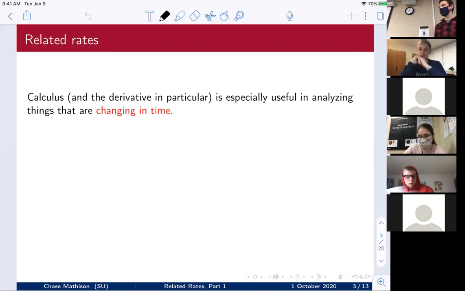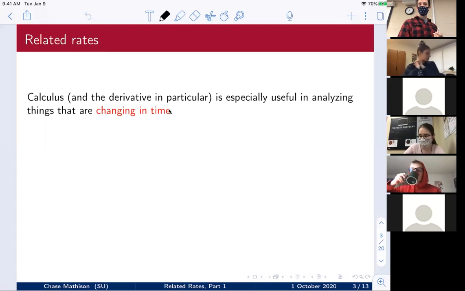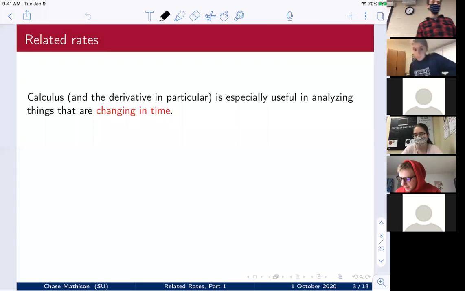The derivative tells you about an instantaneous rate of change, and so it's perfectly suited to study things that are moving around as time goes forward. Related rates is going to be our first dive into that realm of calculus.